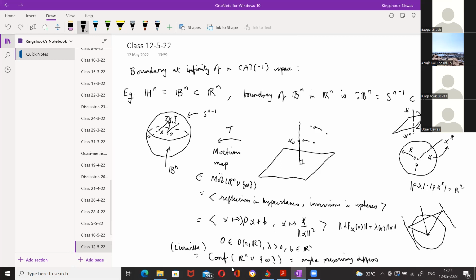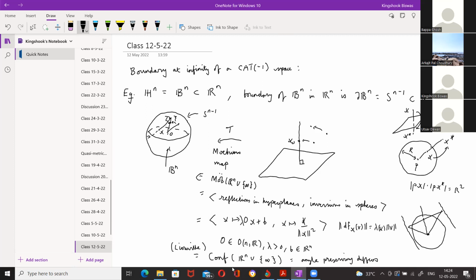Those will give you anti-holomorphic maps, (a z bar + b)/(c z bar + d). Together you take those two, and the holomorphic Mobius group is a subgroup of index 2 in the full Mobius group. All right, is that clear?